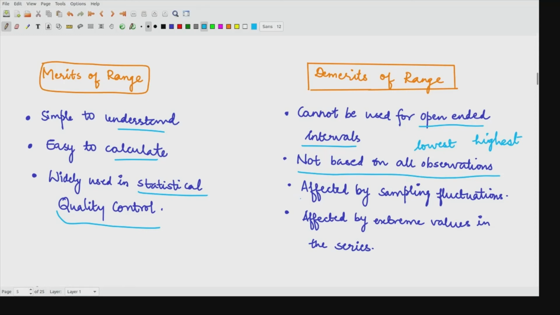It is affected by sampling fluctuation. This means that if you change the sample, if you change the data, your range would change. Next, it is also affected by extreme values, because we only use the extreme values in the calculation of range, the lowest and the highest value. So that is why it is not a reliable measure of dispersion.